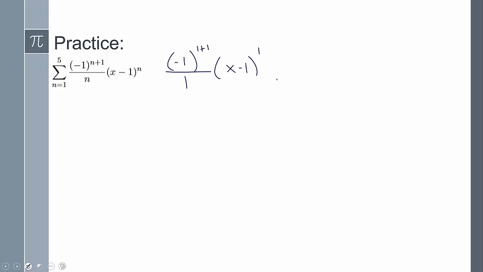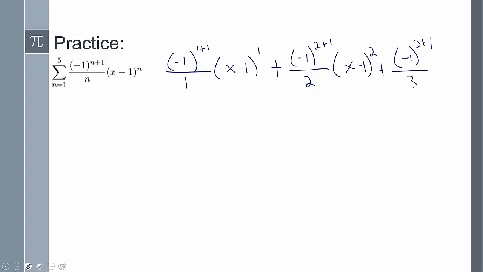Plus, my second term is going to be -1 to the 2 plus 1 over 2 times x minus 1 squared. My third term is going to be -1 to the 3 plus 1 over 3 times x minus 1 to the third.